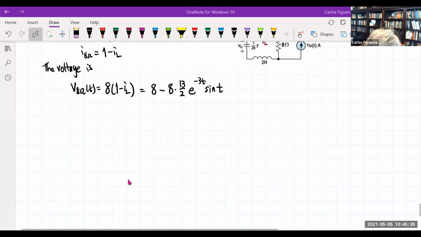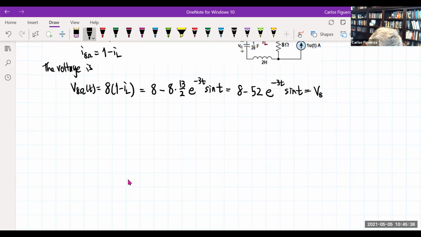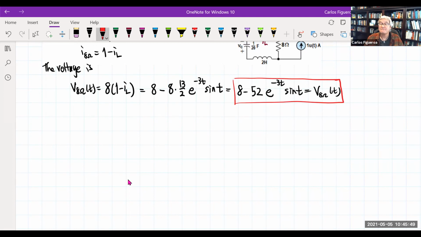This guy should be 8 minus 52 times e to the minus 3t sine of t. And I now know what this guy is. So now that I have this thing, my job here is to plot and interpret this guy. I think I'm going to stop here, and I'll have to pick this up on Monday.